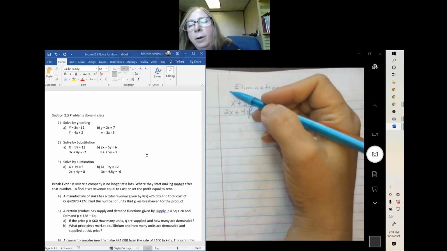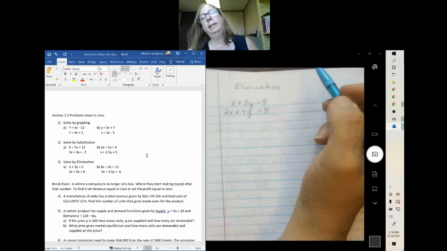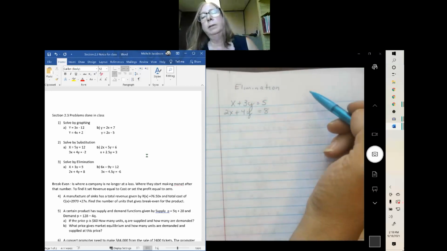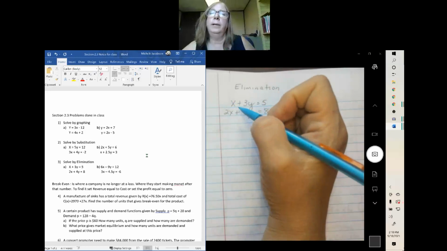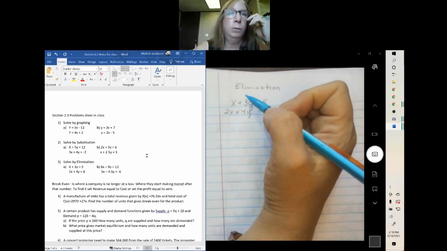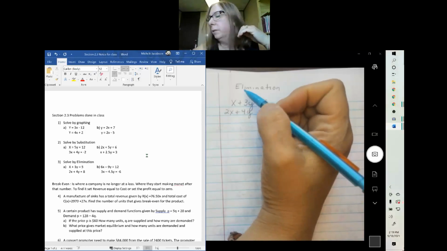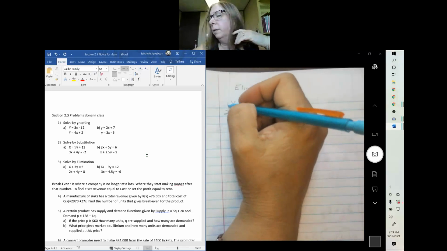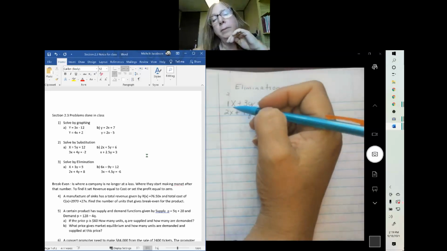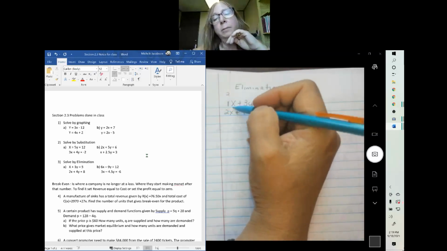We want to be able to add down and have something drop out. Right now, when we add down x and y, neither one drops out. So one way of looking at it, you could think of it as a common denominator or the smallest number they both divide into. This is a 2 and a 1. They both go into 2. So I can make one positive 2, one negative 2, and my x's will cancel.